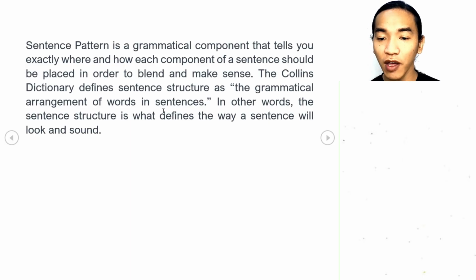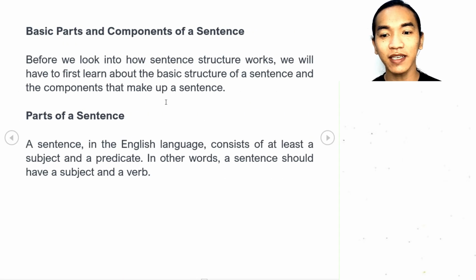Now, in other words, the sentence structure is what defines the way a sentence will look and sound. Okay, so this is also a consideration that we have to make for us to have a sentence with good meaning and thought. All right, now there are some basic parts of the sentence.